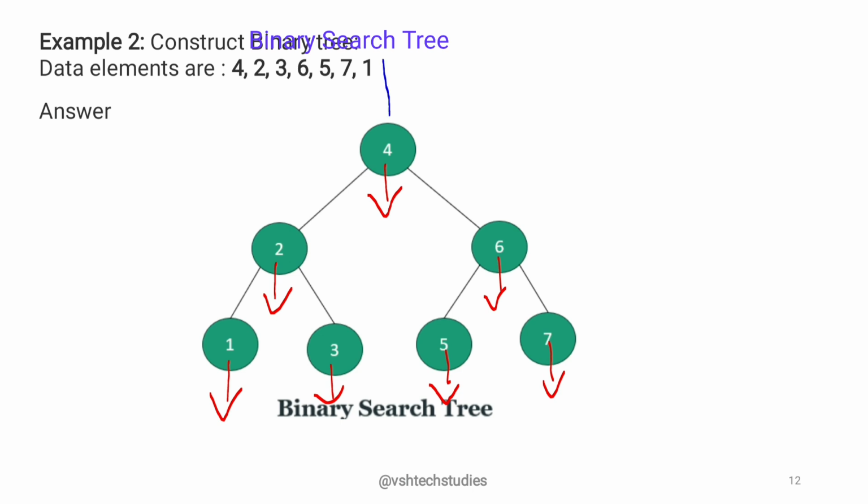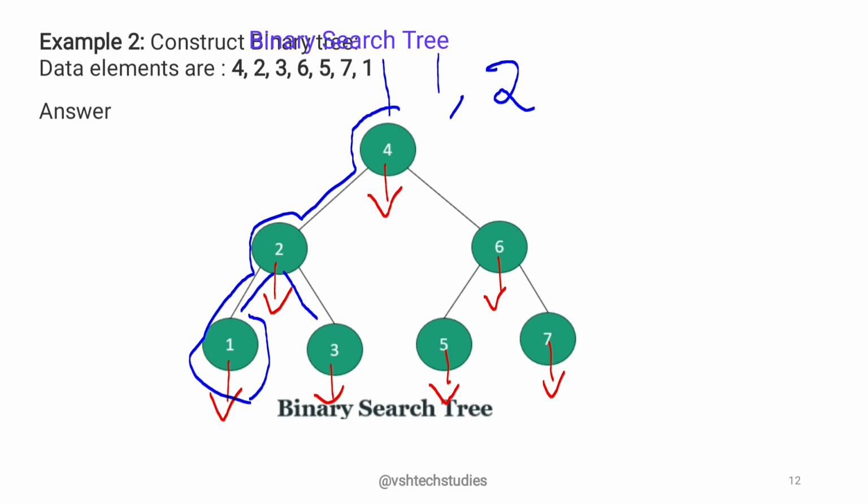All the left side we should cover first. So going left, then its left side, this red arrow is cut, so we write node 1. Continuing after covering the leftmost, going to its root, 2 is cut. After covering the left here, moving to the right of 2, it is cutting 3.